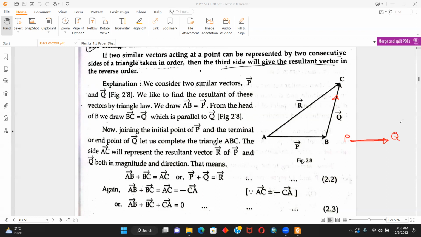Now, if I tell you to draw the QP vector, what will you do? Obviously, you can understand that the points are similar. But in the case of the PQ vector, the initial point is P and the terminal point is Q. However, in the case of the QP vector, the initial point is Q and the terminal point is P. So what happens?